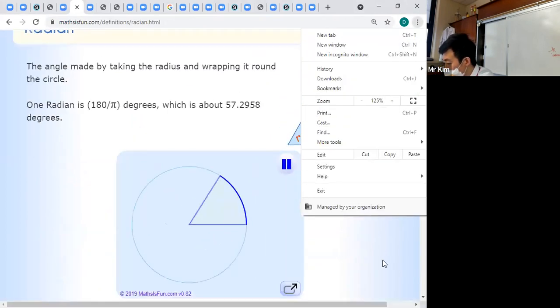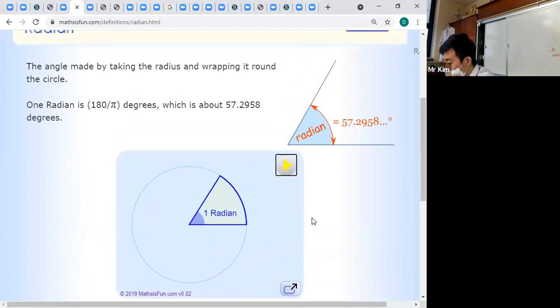If I zoom in here, you take this radius and imagine placing it right along part of the circumference of a circle. That measurement is called 1 radian. In equivalent degrees, it's about 57.2958 degrees. Where did this number come from? I'm going to explain this as well, but that is what a radian is.